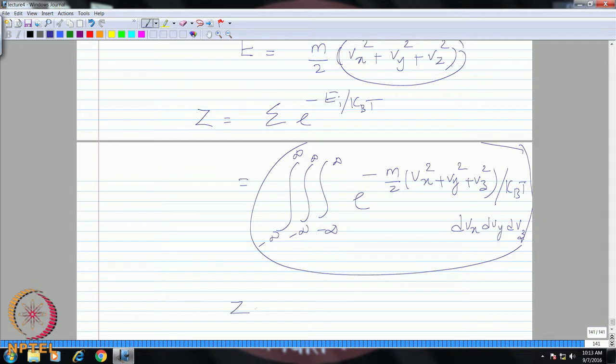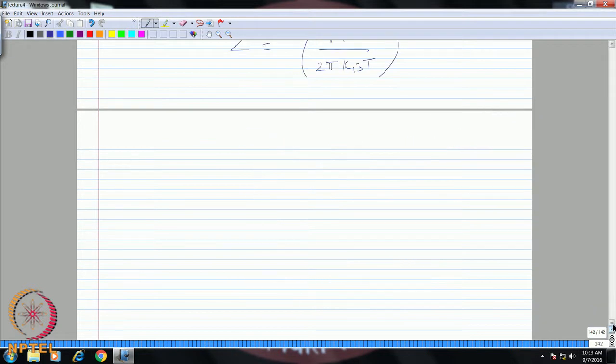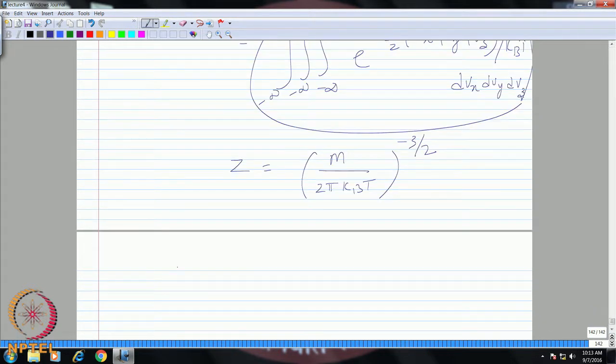That should come out to be (m by 2 pi kB T) the whole power minus 3 by 2. So, this will be the result of this particular triple integral. This is your partition function Z, and therefore, what will be your probability distribution function P(E_i)?